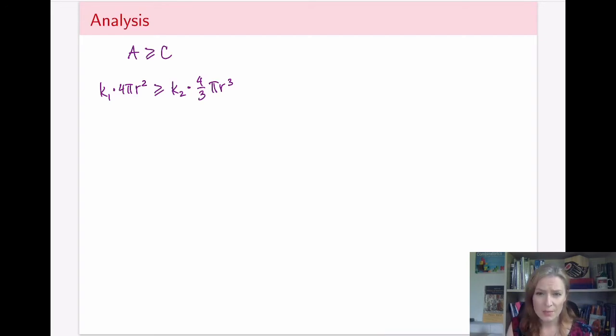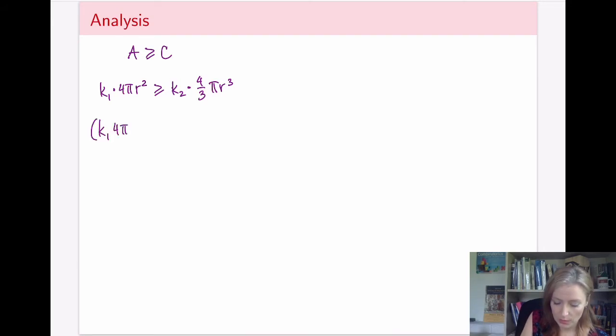Once again, thinking back to where all of these numbers came from, K1 is a constant and K2 is a constant. Pi is a constant here and there, and then 4 and 4/3 are obviously constants. So I'm going to essentially introduce brackets so that the two pieces are separate.